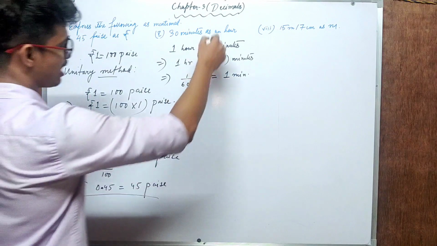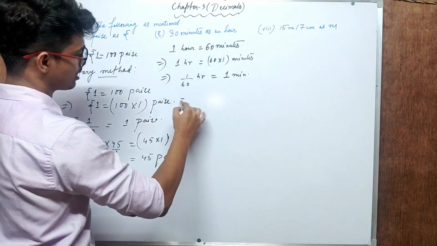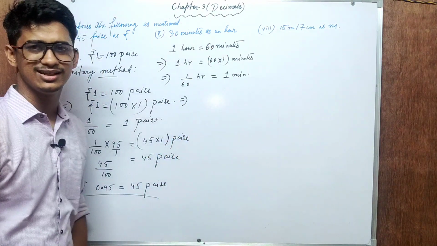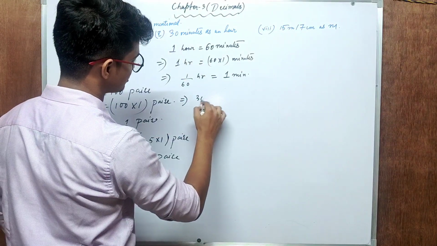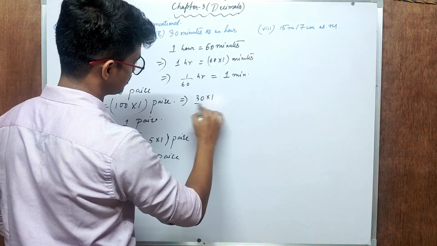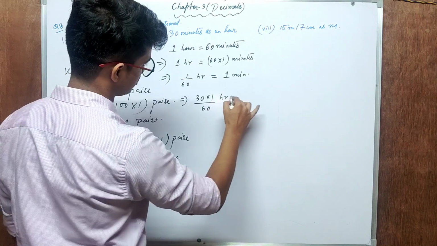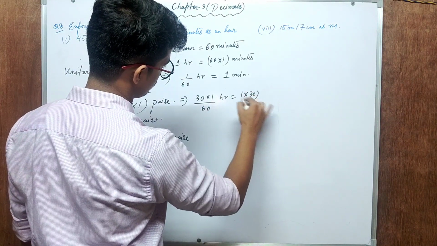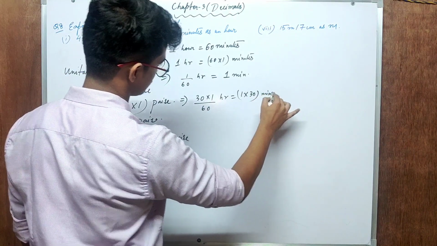Now what is the requirement? That is 30 minutes. So what I have to do is nothing else, just multiply 30 to both sides, 1 into 30 to both sides. That's it.